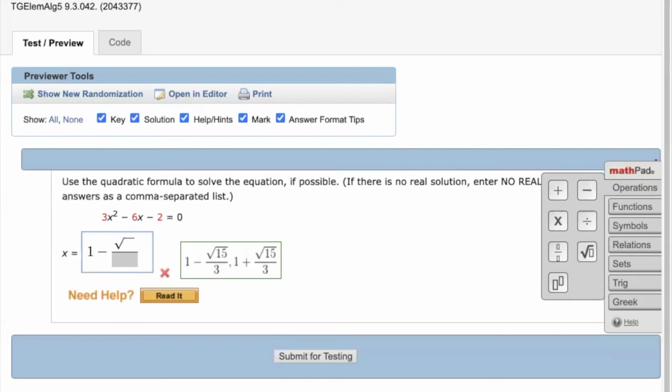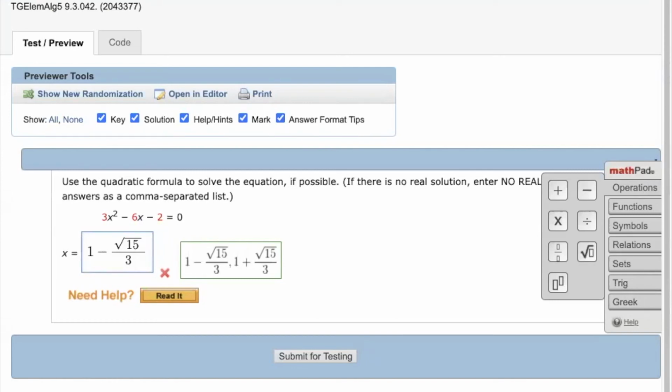Okay, I'm going to type in the 15, and then in the denominator, I'm going to type in the 3. Now, make sure you use either your mouse or arrows or your trackpad. You need to move the cursor to the right. You need to move it out from under.